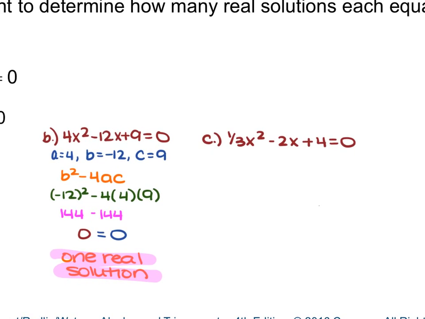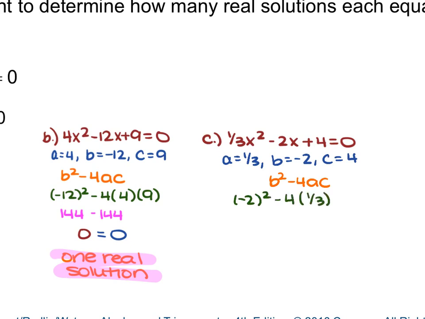For c, we have 1/3 x squared minus 2x plus 4 is equal to 0. Again, my equation is equal to 0, so my a is 1/3, my b is negative 2, and my c is 4. I'm going to use b squared minus 4 times a times c. This is going to give me negative 2 squared minus 4 times 1/3 times positive 4.